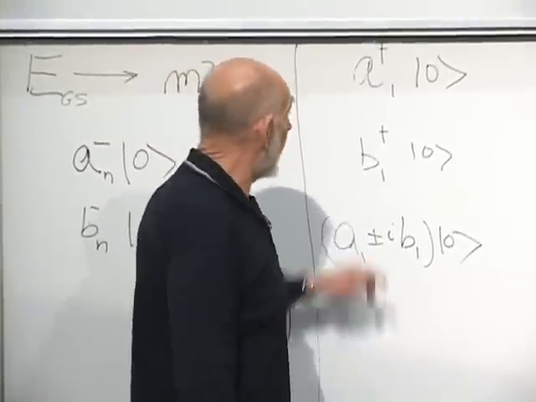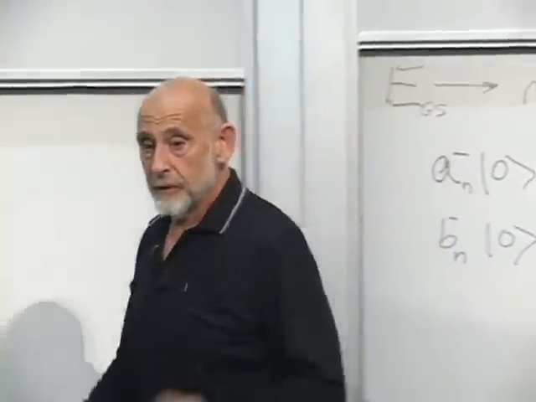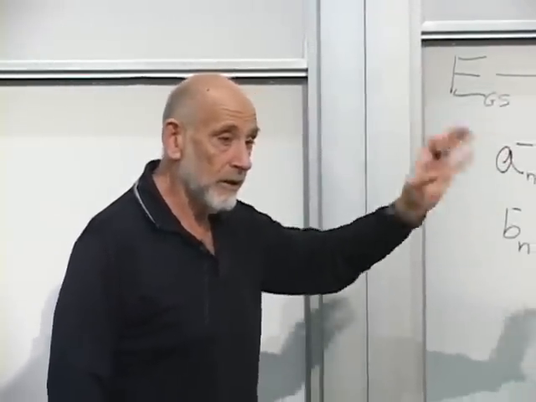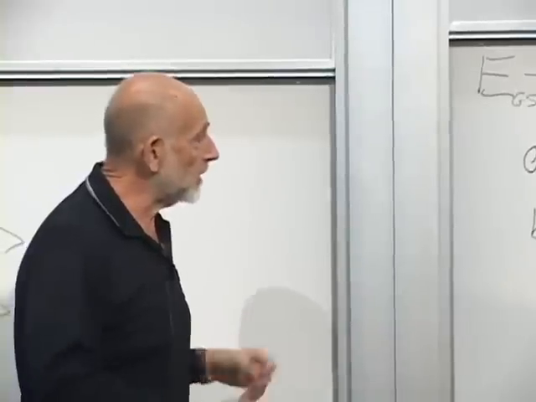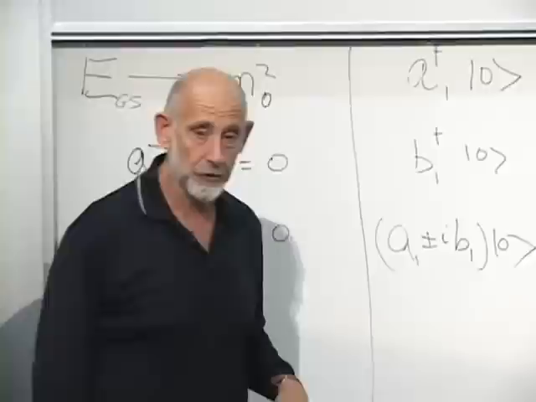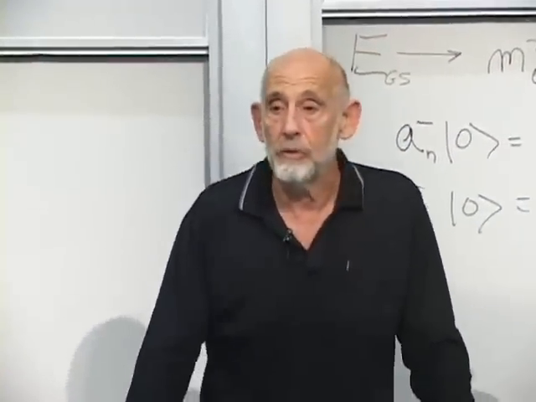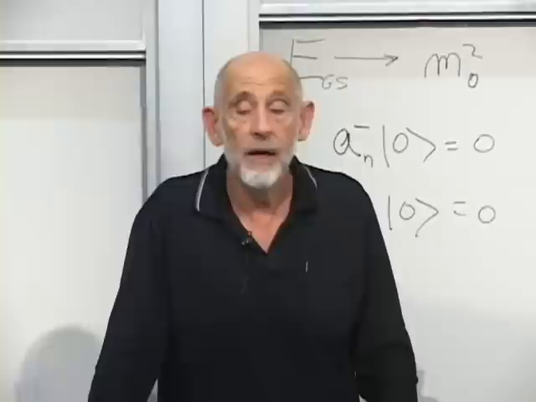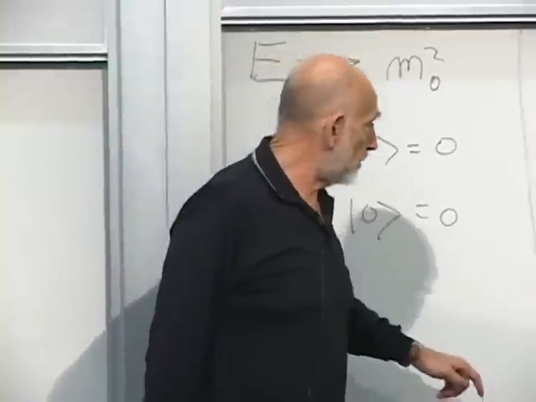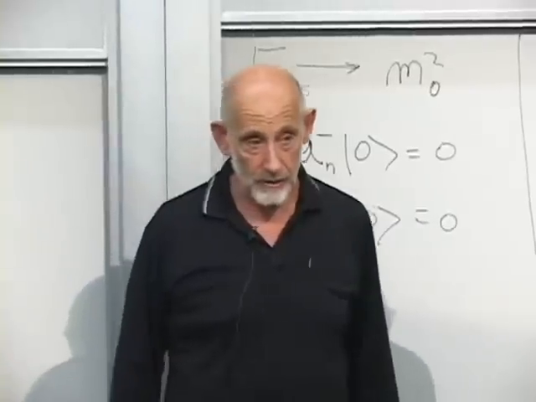Notice that there is not a third state with the same energy. There is no third oscillator. There's only the X oscillator and the Y oscillator, and that's it. So there is no third polarization state. There's only one conclusion which is consistent with Lorentz invariance, with relativity. These two objects must be massless.